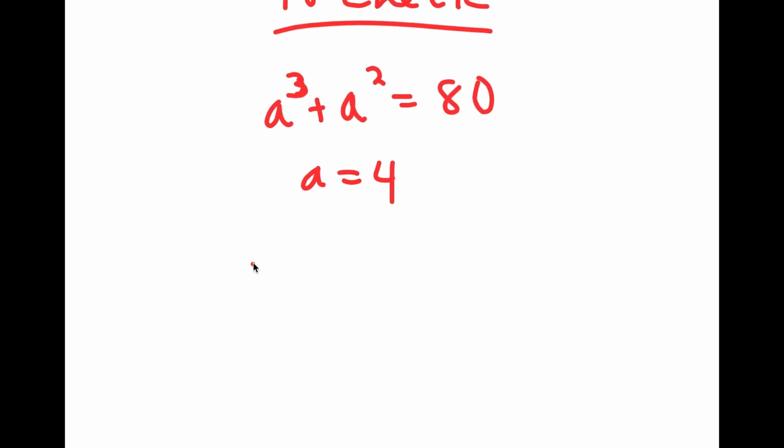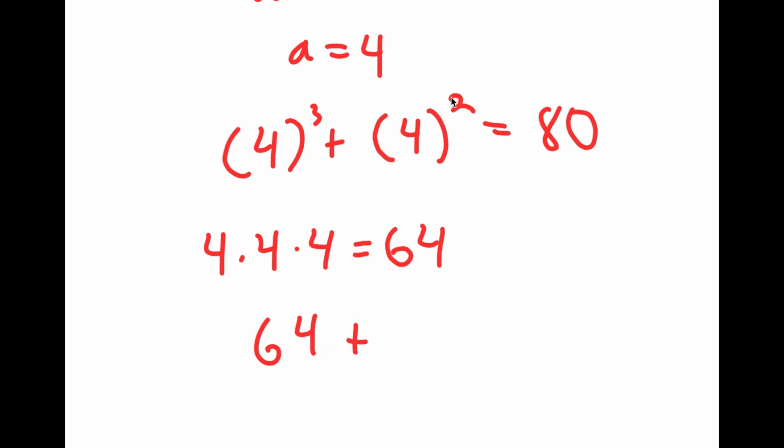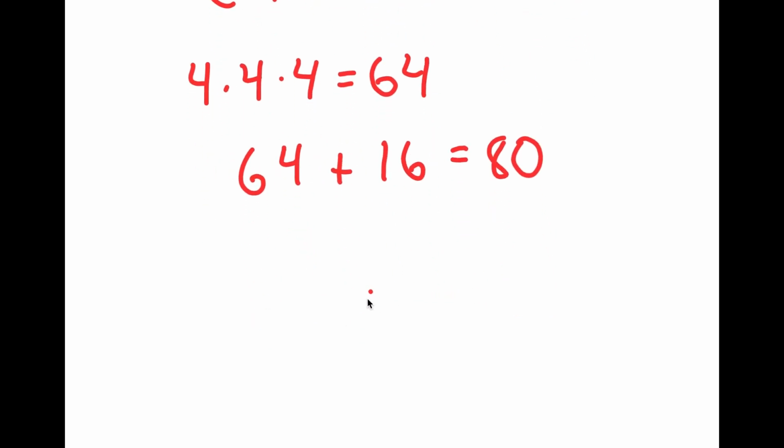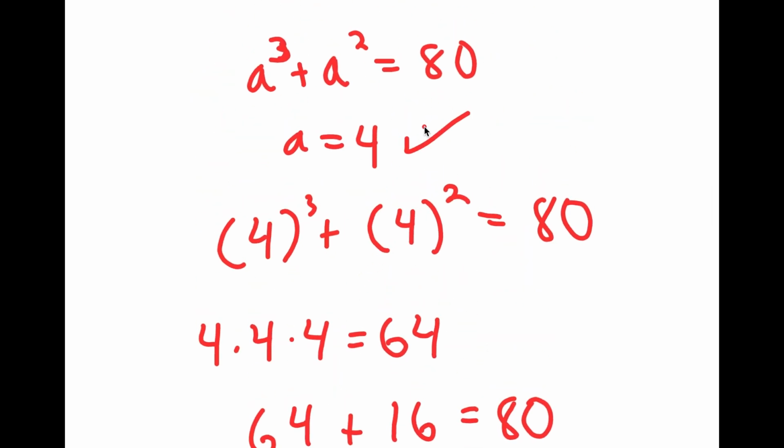If a equals 4, I get 4 to the power of 3 plus 4 squared is equal to 80. Now 4 to the power of 3 is 4 times 4 times 4, which is 64. So I get 64 plus 4 squared, which is 16, is equal to 80. And 64 plus 16 is 80, so I get 80 is equal to 80. Because this is right, we know that our solution a equals 4 is right as well.